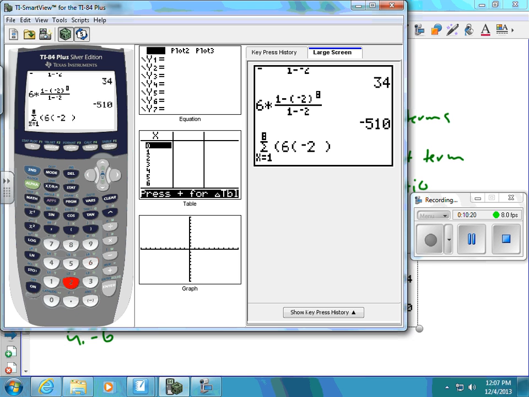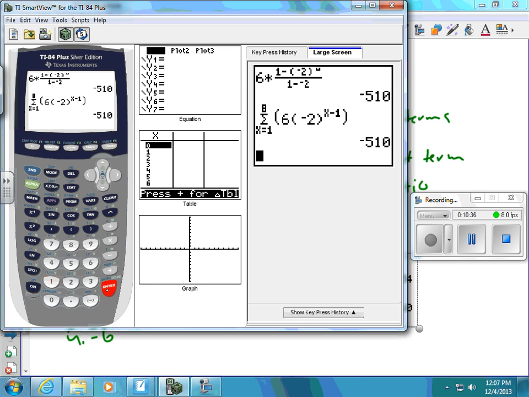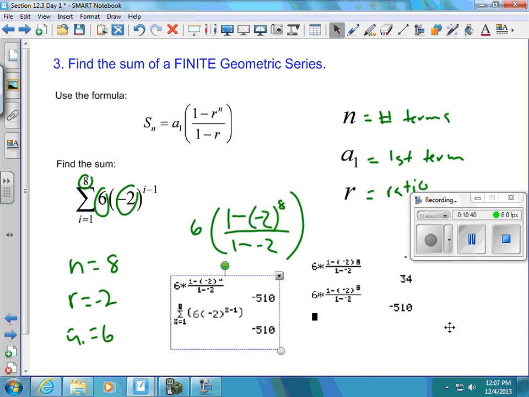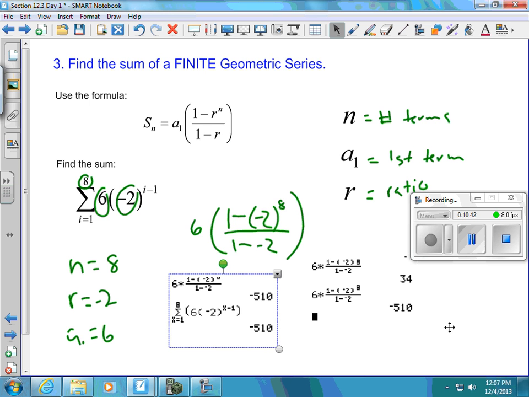Negative 2 to the power of x. The power key, almost did it again. Power of x minus 1. And we hit enter. And we get negative 510. So that formula is nice, but if we have our graphing calculator, we don't even really need it.